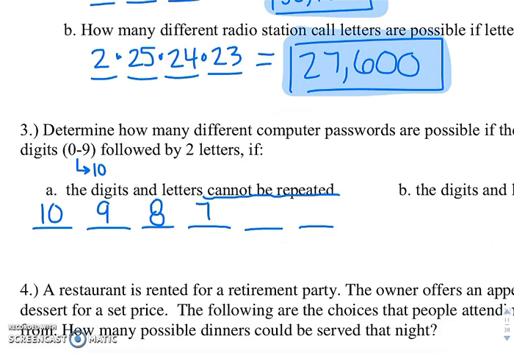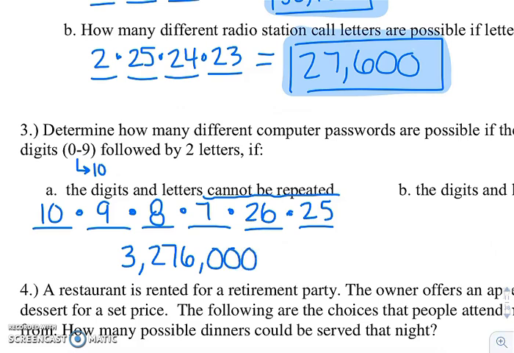And then the last 2 spots are our letters. For the first spot we'll have 26 to choose from. Say we picked an M. Then for the second spot, we would only have 25 to choose from. These values are going to get pretty big if we multiply them all together. So 10 times 9 times 8 times 7 times 26 times 25 gives us 3,276,000 possible passwords.